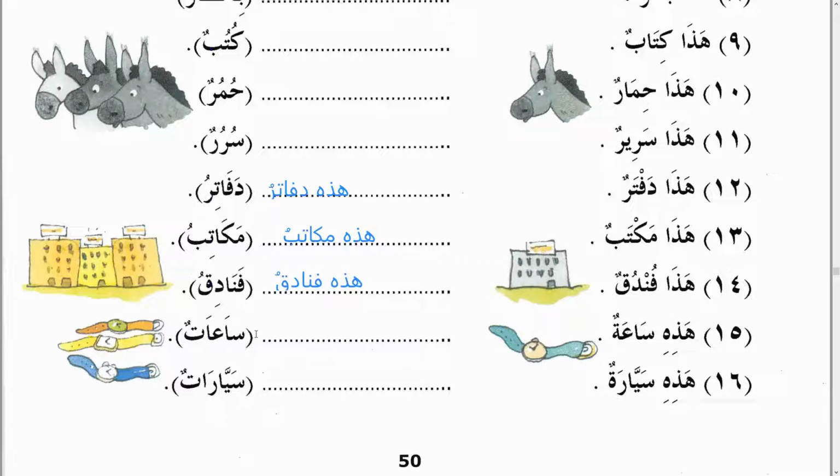Hadihi sa'atun. This is a watch. What will you do for this? Anyone? This is a watch. We have already hazi here. So what will you do for this? Sa'atun. These are watches. Anyone has an idea?